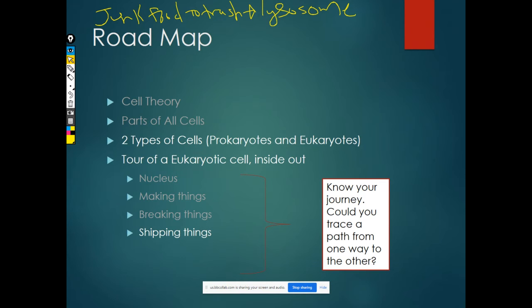So it begs the question of how exactly are things moving around and how do they know where to go inside the cell? When we break things down in the lysosome, the cell can use those parts. Well, how do we know what to use and where it needs to go in the cell? That all happens because we have a very efficient shipping center.